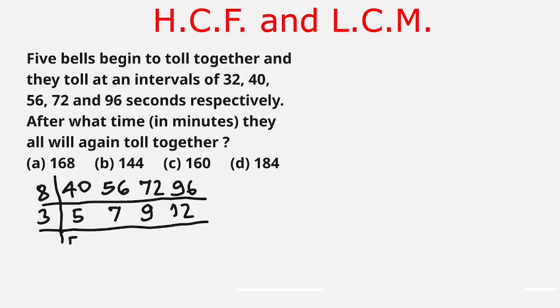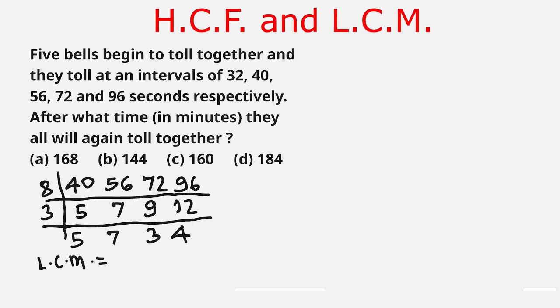We write 5 as it is, we write 7 as it is, as both are not divisible by 3. 3 divides 9 three times and 3 divides 12 four times. Now we multiply all these numbers. LCM equals 8 multiplied by 3 multiplied by 5 multiplied by 7 multiplied by 3 multiplied by 4.